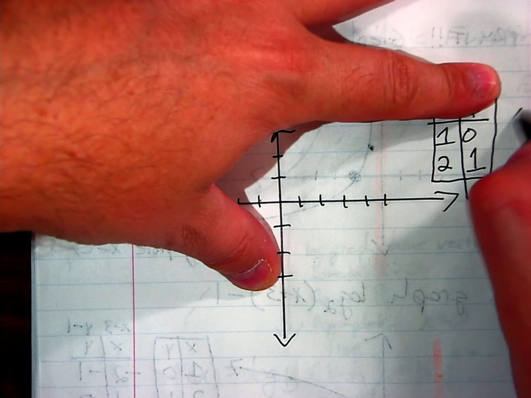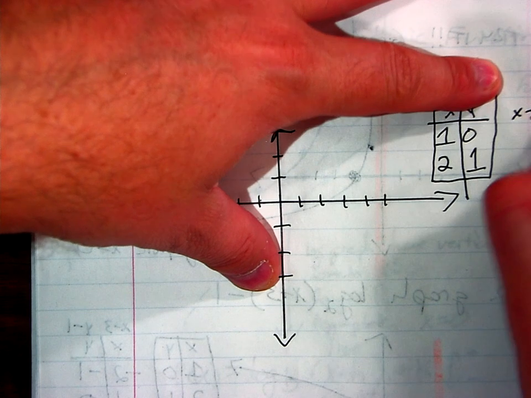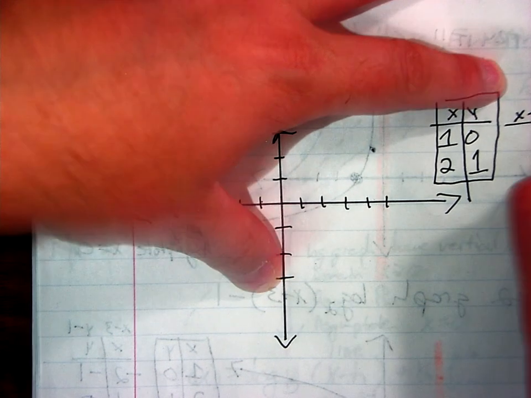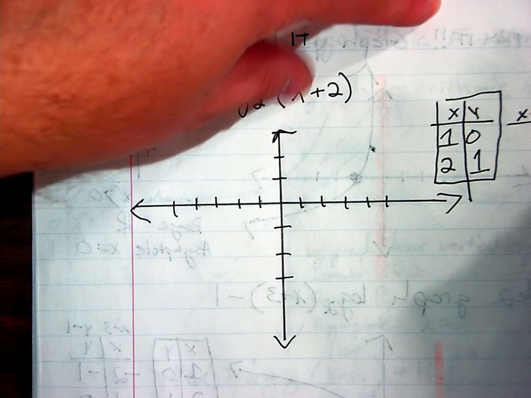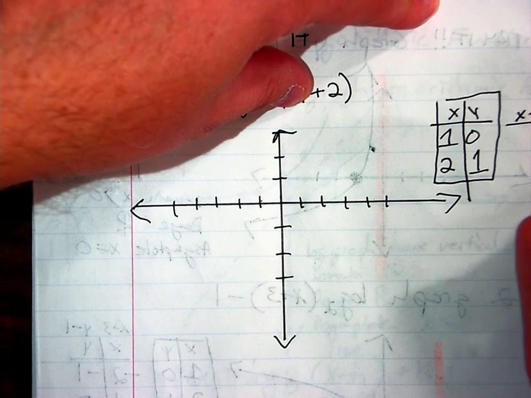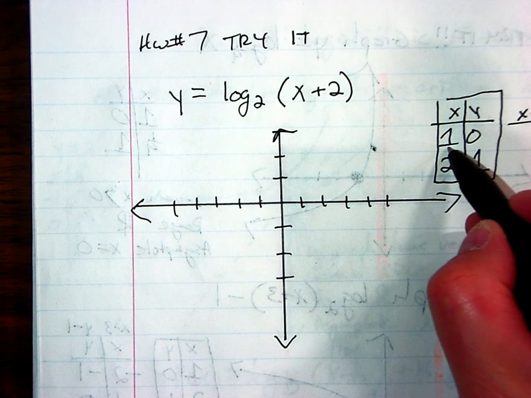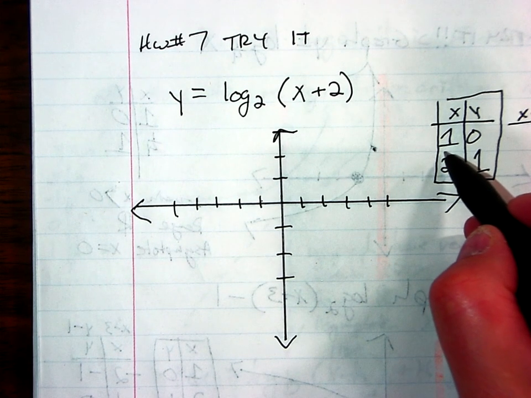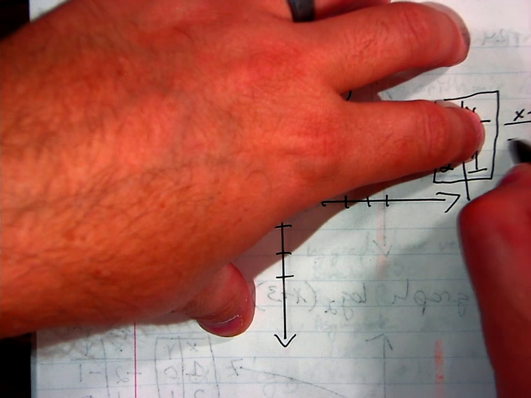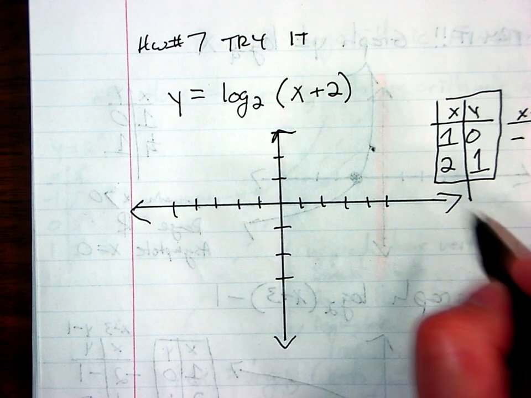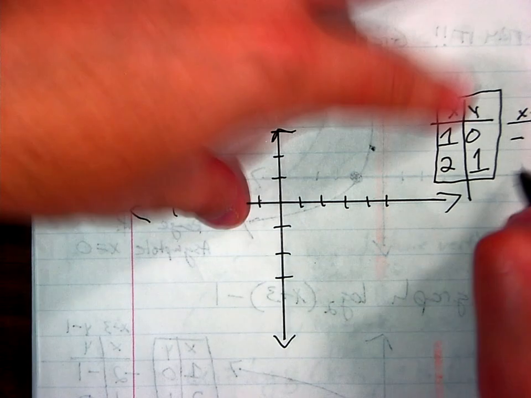So really I need x minus 2, comma, y. My y's are not going to change because it's not going up or down, so I can just write 0, 1 right there. We started off at 1, and I need to subtract 2. What's 1 minus 2? Okay. What is 2 minus 2?